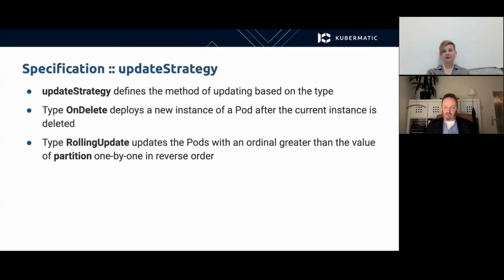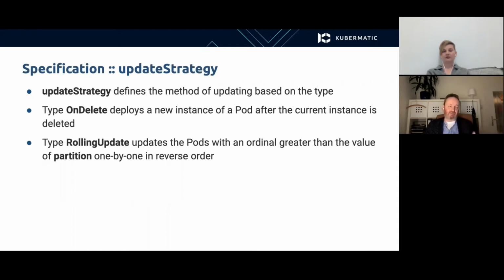And the update strategy I already mentioned defines how the updating inside a stateful set happens. One type is OnDelete, and here the new instance of a pod is deployed directly after the current instance is deleted.